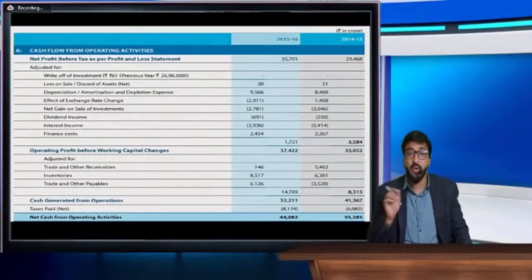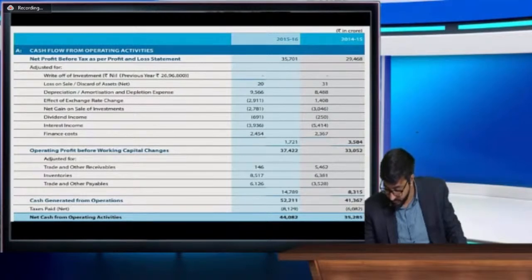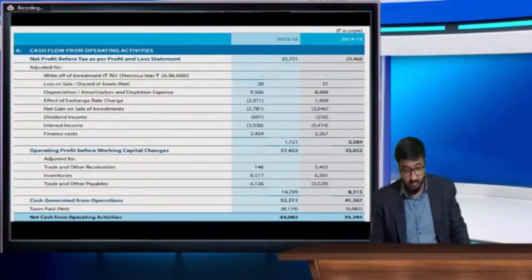Now one by one I am telling you the items for adjustment. Number one, write-off of investment. Can you tell me write-off of investment? Loss on sale of asset. Write-off of investment, why?